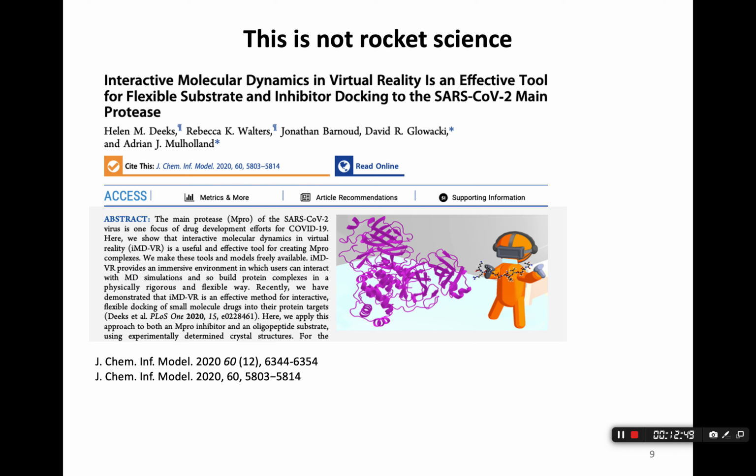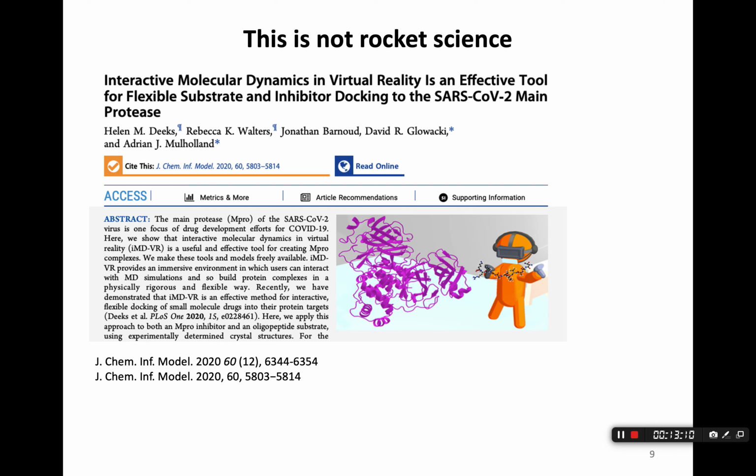And here I introduce two papers from the Journal of Chemical Information and Modeling. These authors are from a research group at the University of Bristol in the United Kingdom. They are trying to use virtual reality to play with atoms in the fashion of molecular dynamics simulations.